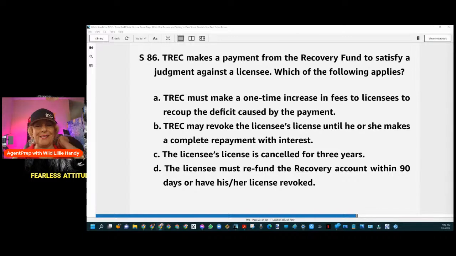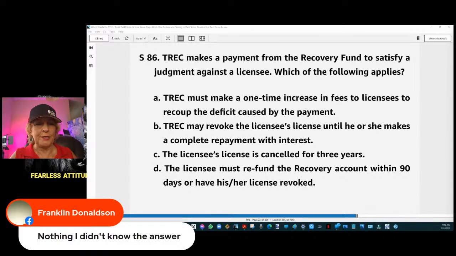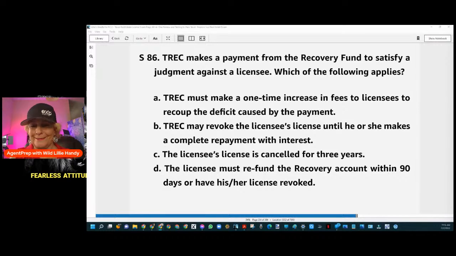Oh, I see, Franklin. He said, I didn't know the answer. That's all right. Sometimes I don't either. That's why it's good to have an answer checklist, right? So 86, okay. What is the recovery fund for?